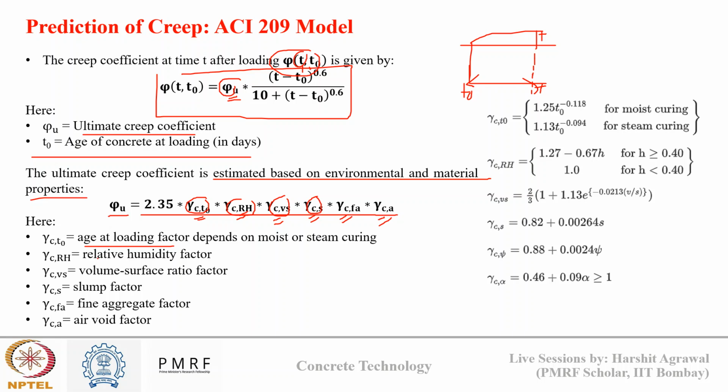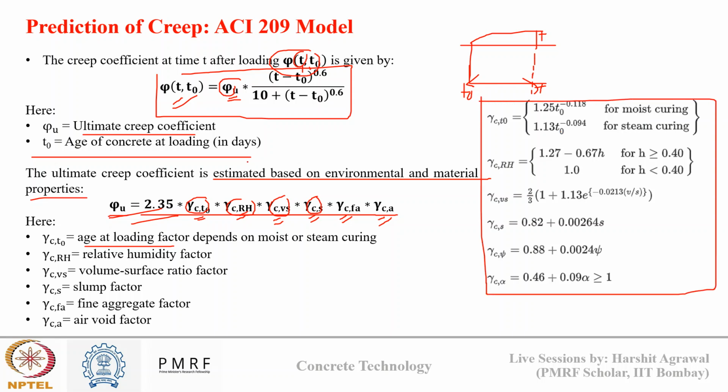For each of these factors, different empirical relationships have been derived as shown here. Depending upon the exposure environment and concrete properties, these factors can be quantified and the ultimate creep value can be determined. Once we have determined the ultimate creep value, we can predict the strain after a time t, if the loading is applied on concrete at time t naught. So this is the table for predicting the factors, and this is the final equation.